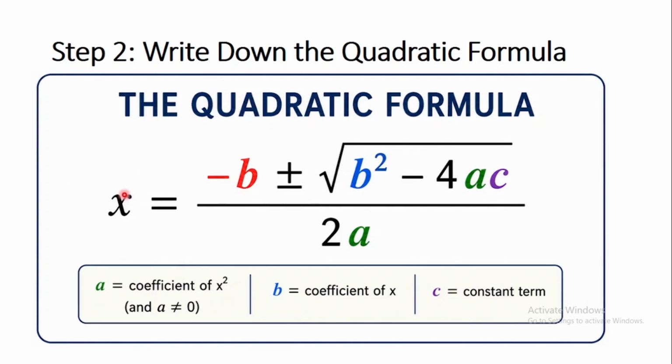So this is the formula. x is equal to negative b plus or minus, and this sign right here is very important, the square root of b squared minus 4ac, all over 2a, where a is just the coefficient of x squared, b is just the coefficient of x, and c will be our constant term.